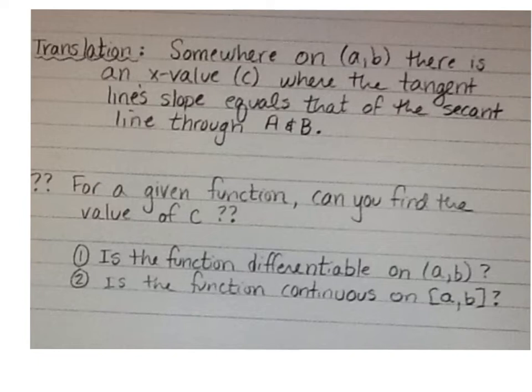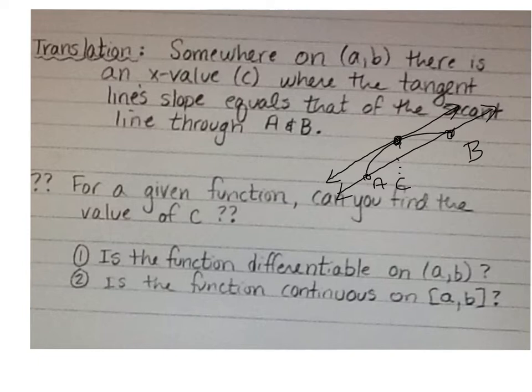The mean value theorem for derivatives says somewhere on that open interval AB, there's an x value that we're calling c, where the tangent line's slope is equal to that of the secant line through A and B. So that, and I can't go back to the screen, but I'll draw it for you again, that if you have some interval from A to B, the secant line that connects the 2 points has to have a parallel tangent line, and this value right here is going to have a c value that falls somewhere between A and B. We're looking for that c value.